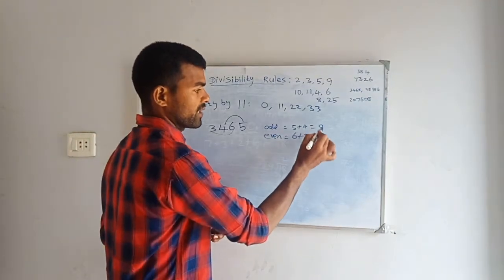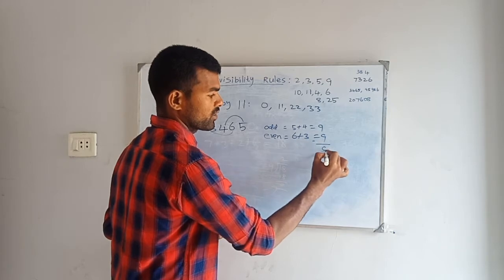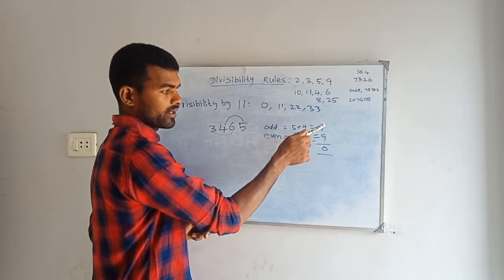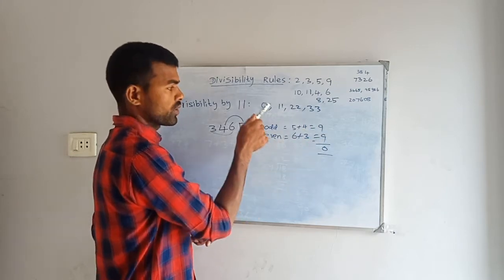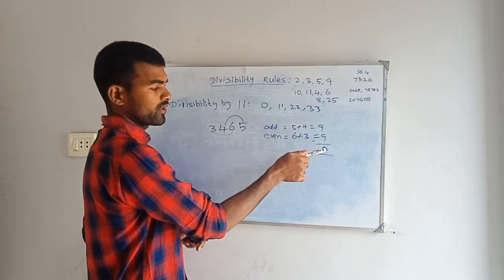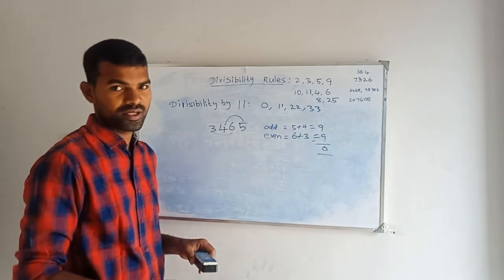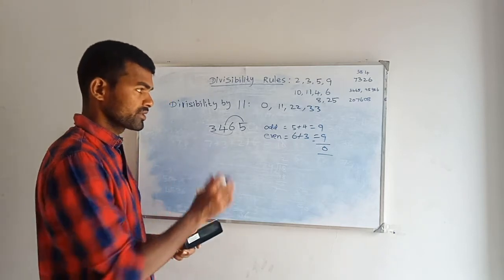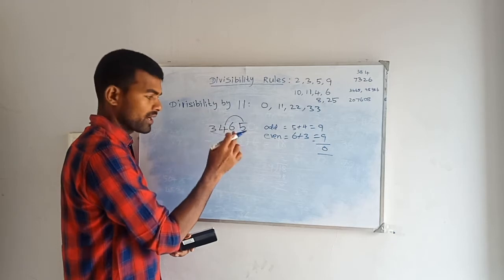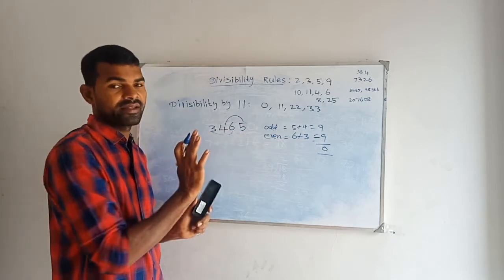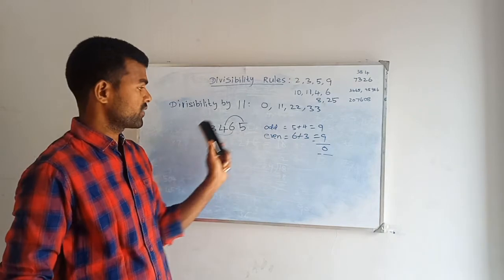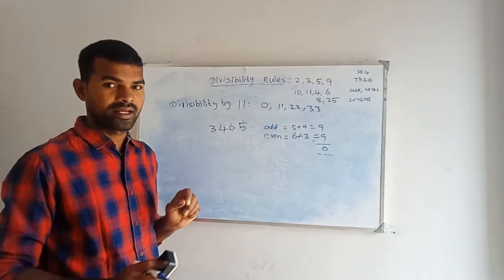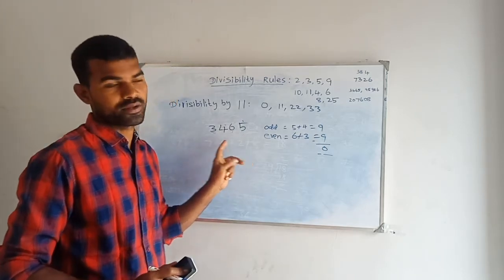Here 9 minus 9 is 0. So the answer is 0, the difference is 0 here, so this full number can be divided by 11. You can divide this number by 11, you can check also.